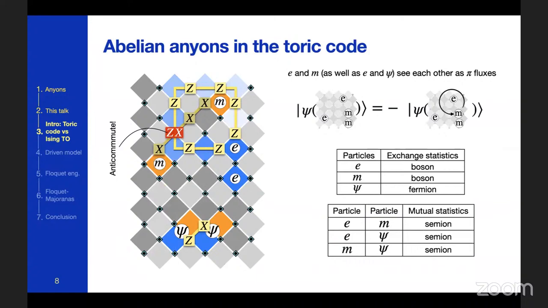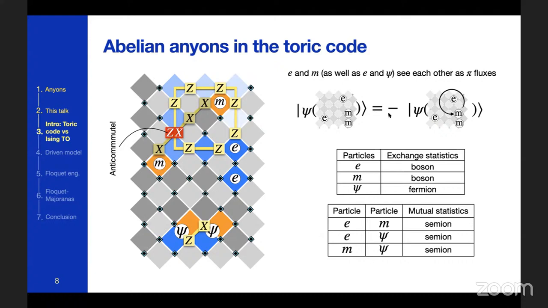Okay, so why are they anyons? If I just take E particles and braid them with each other, they behave like bosons. The same is true for M, whereas the psi particles behave like fermions. Why does this happen? If we take an E particle and drag it around an M particle, because of the anticommutativity of X and Z, this leads to an accumulation of a minus sign, so a pi phase in the wave function.